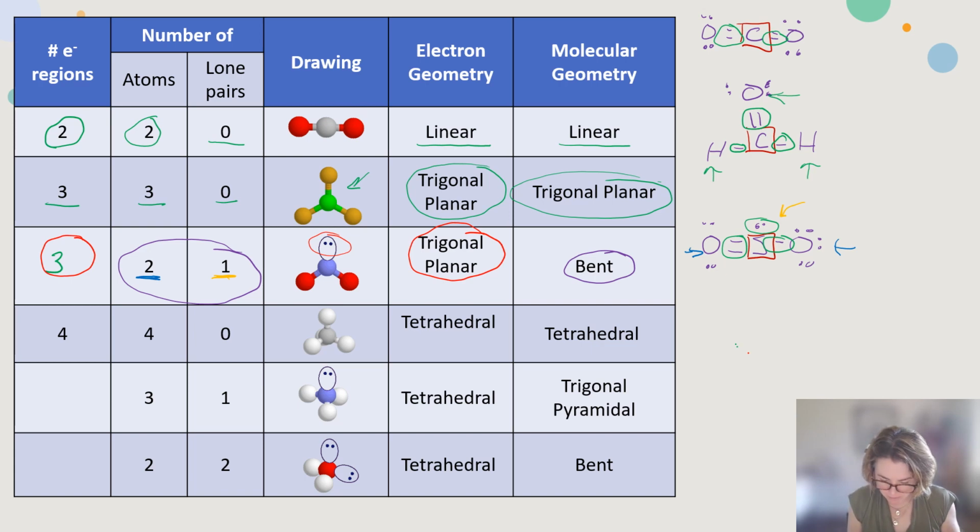The next molecule we are going to take a look at is CH4. Okay. So CH4, I have carbon here in the middle, and I have 4 hydrogens around that carbon.